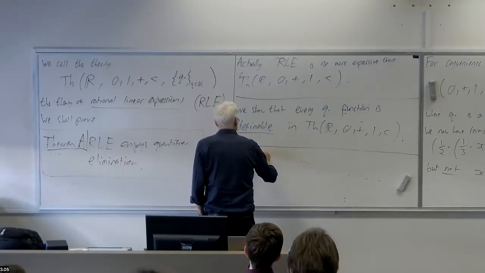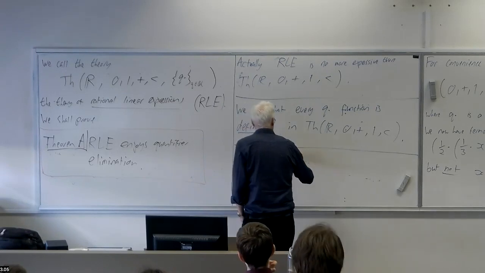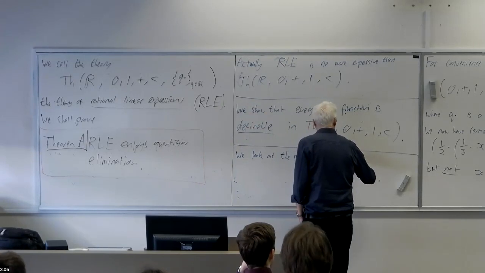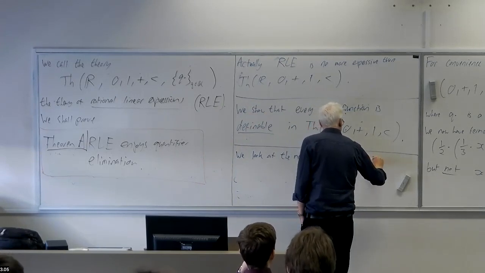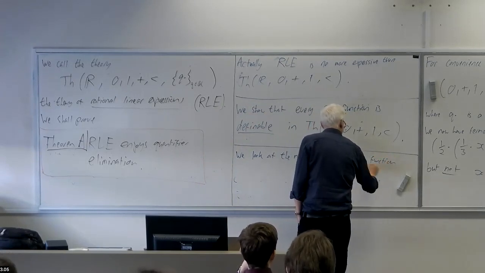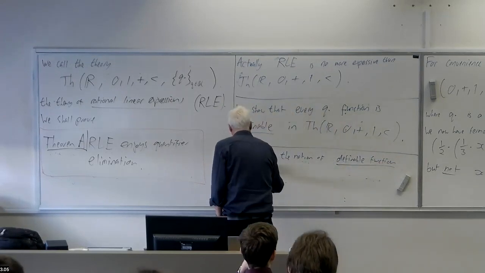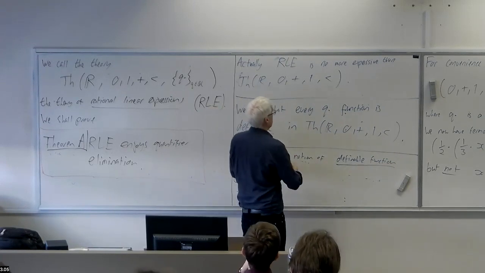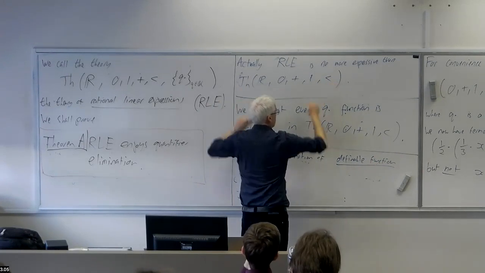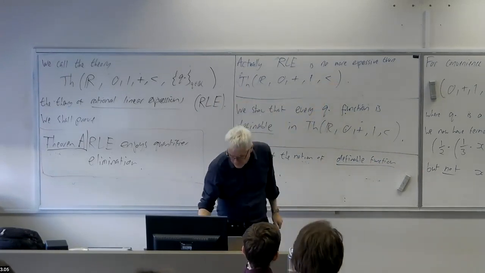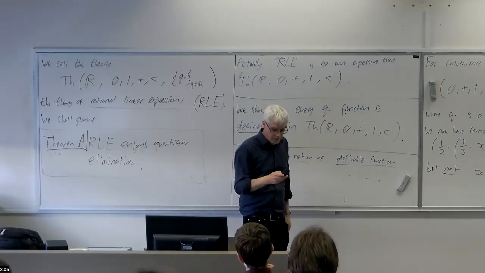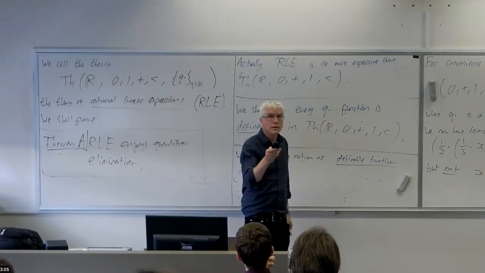So we look at the notion of definable function in a theory. And the point here in the example is that in this theory, without the rational scalar multiplications, the rational scalar multiplication functions are going to be definable.